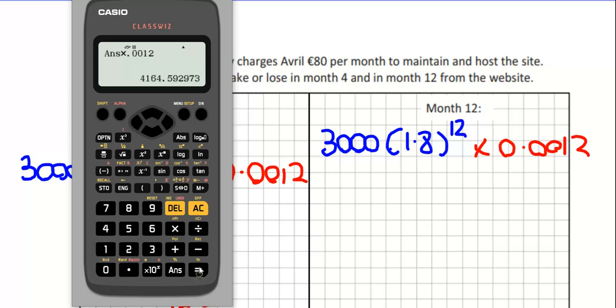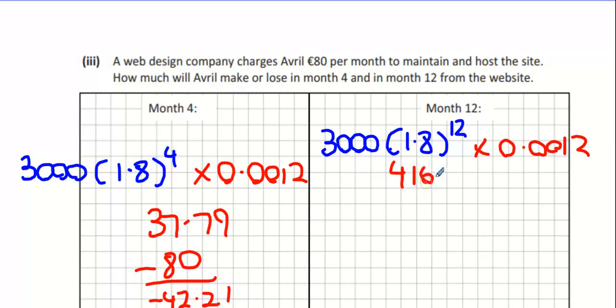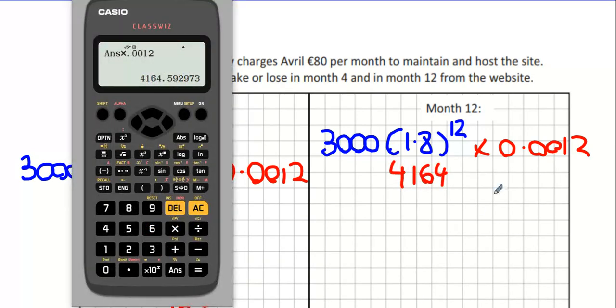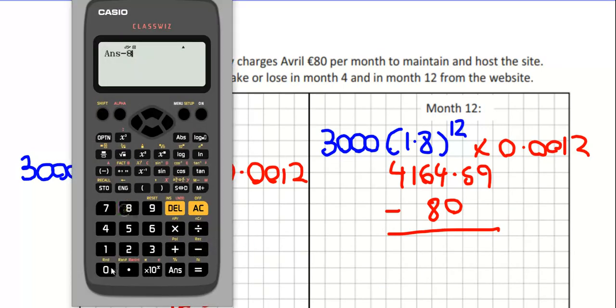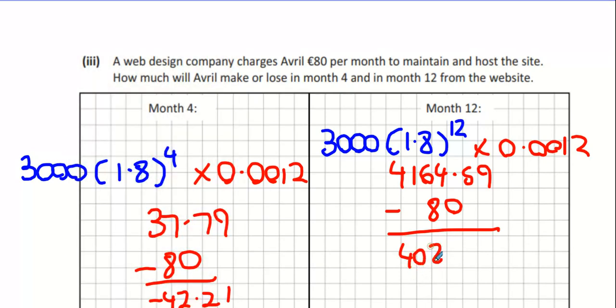We come out with €4,164.59. And then we're going to take away our 80 quid. So this time we're making a whopper profit of €1,084.59. That makes sense to you? Number of people using the website multiplied by the cost per person. Take away your 80 quid per month.